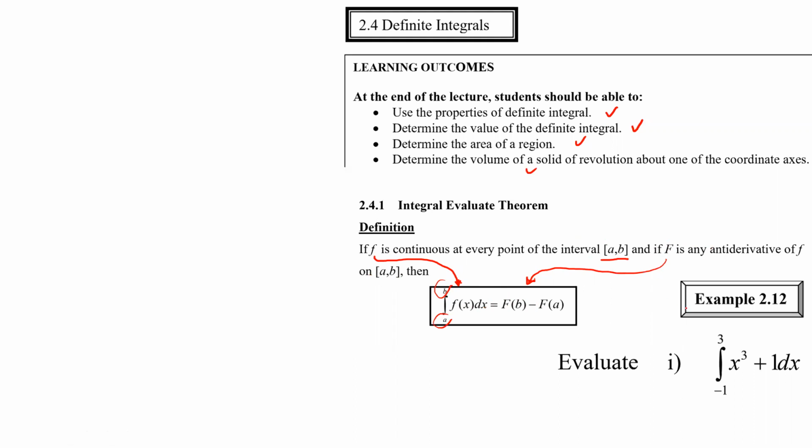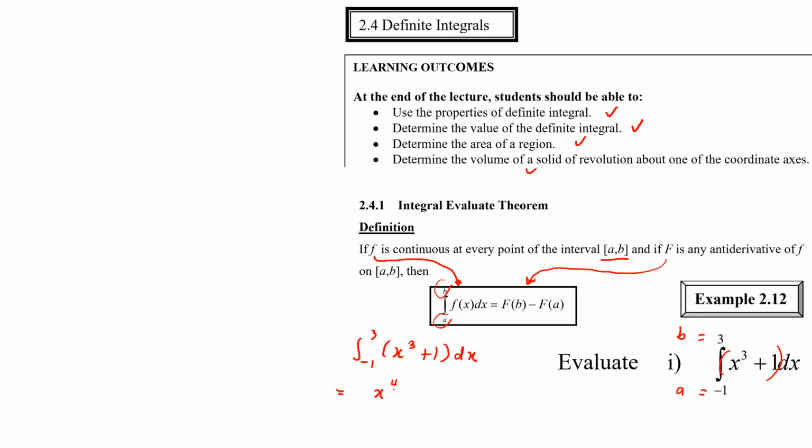Okay. So proceed to example 12. Evaluate the integral from negative 1 to 3 of x to the power of 3 plus 1 dx. So this one automatically we know that these are a and b. So how to solve this problem?